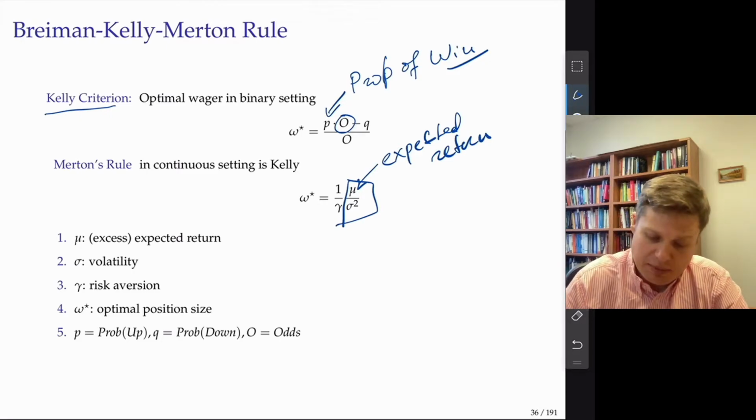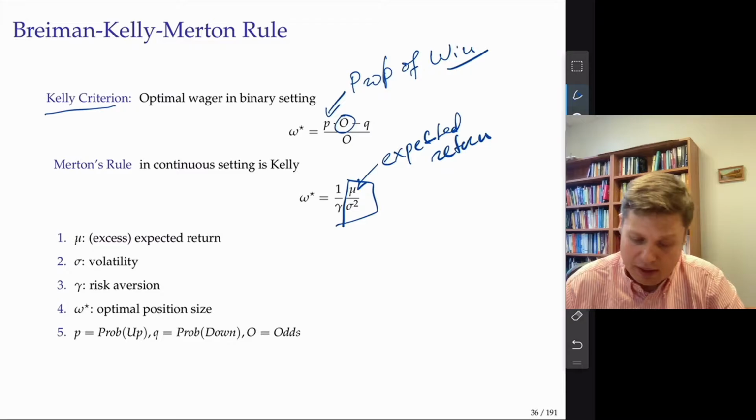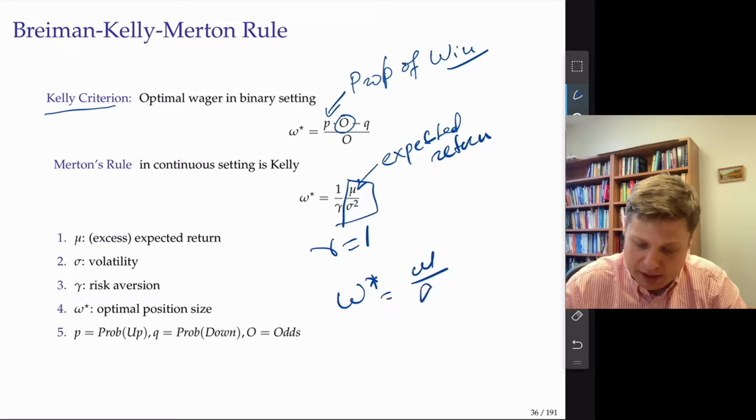And then you multiply it by 1 divided by gamma, where gamma is the risk aversion factor. So when your gamma equals 1, your betting size should be mu divided by sigma squared. And when gamma equals 2, then you should be betting only half this amount.